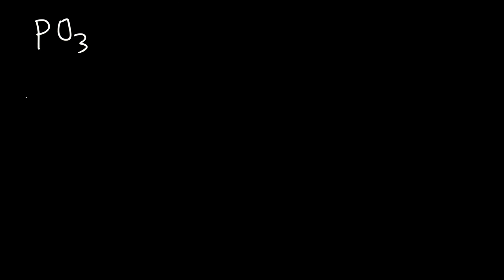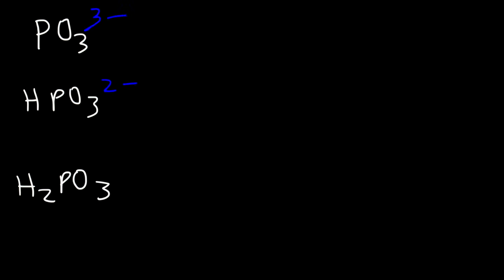Go ahead and name these 3 ions. So what is the name of PO3 3-? If PO4 3- is phosphate, PO3 3- is phosphite.